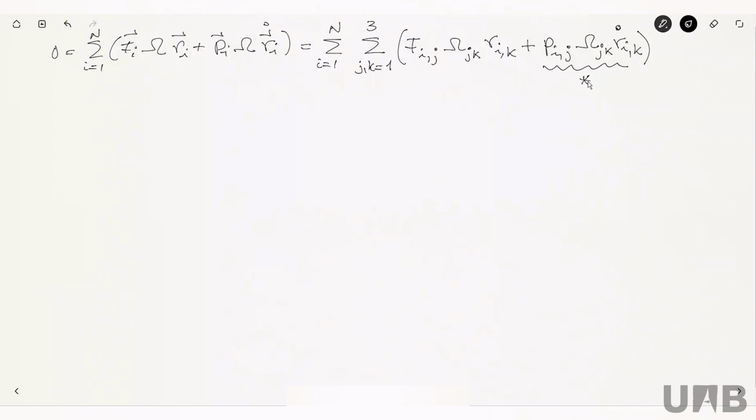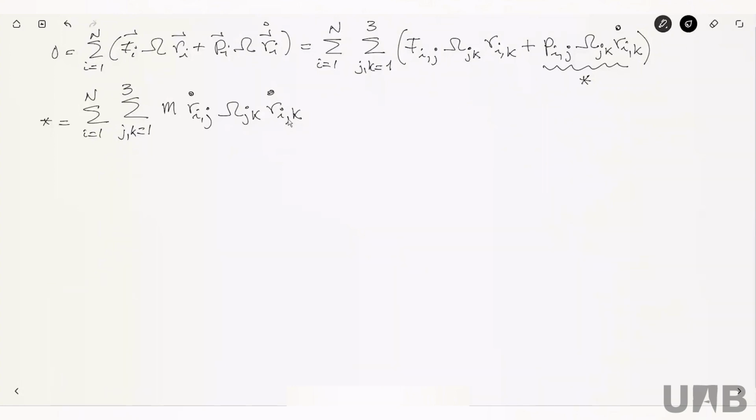The second term is the sum from i equals 1 up to capital N of the sum over j and k from 1 up to 3 of p, which is the mass times the velocity of each particle, component j. Then I have the matrix omega jk, and then I have the velocity again, r dot i component k. Right?